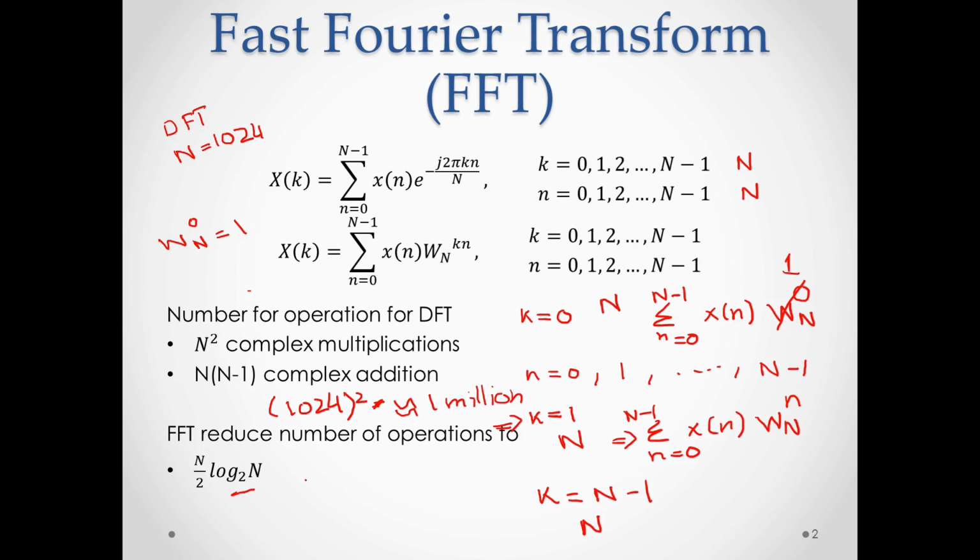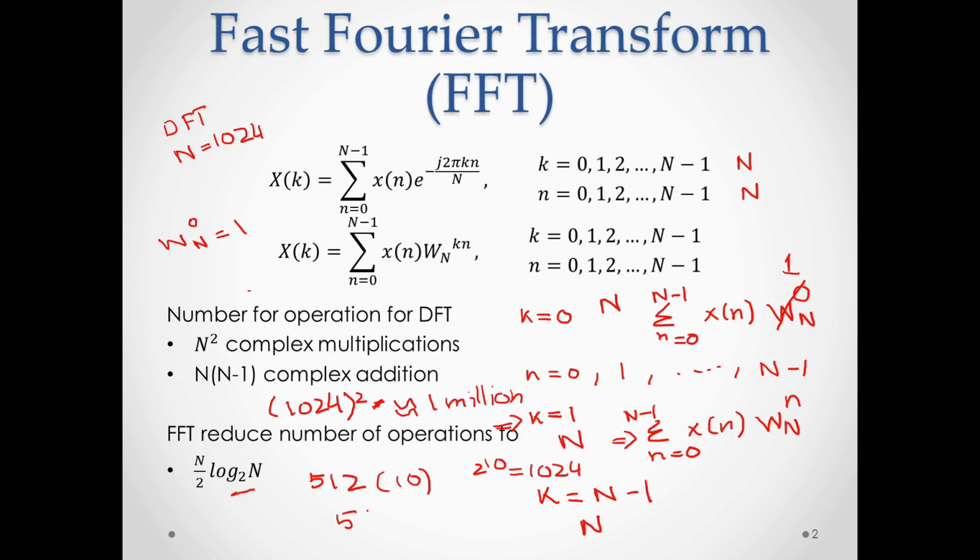Whereas if we perform n is equal to 1024 using FFT, the complex computation would be reduced to 512 log 2n. Basically, 2 raised to power 10 is equal to 1024, so what we will place over here would be 10.